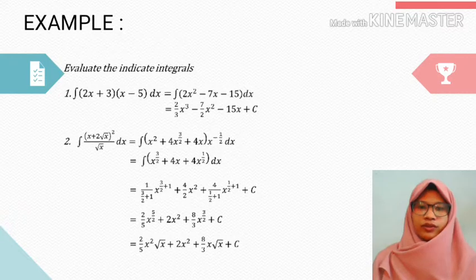After that, we multiply the quadratic expression by x to the negative 1 over 2. Then use theorem 3 for the next step. Finish by addition. After that, simplify the equation for the final solution.